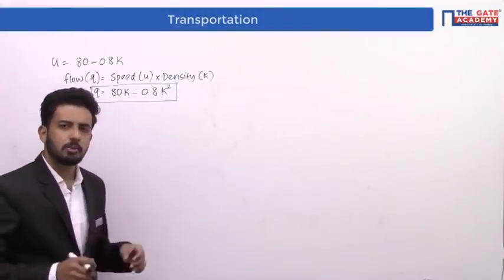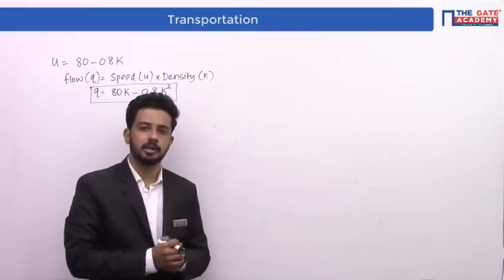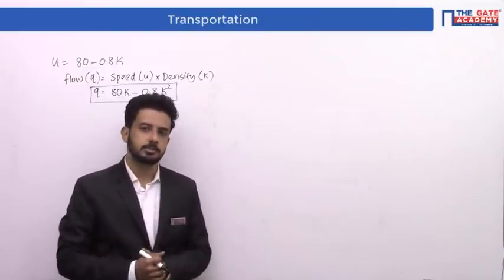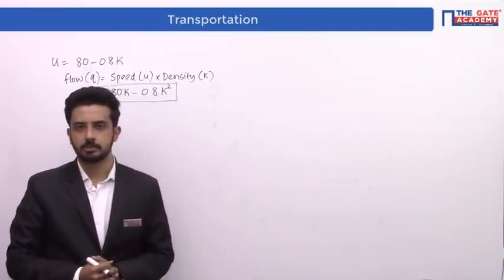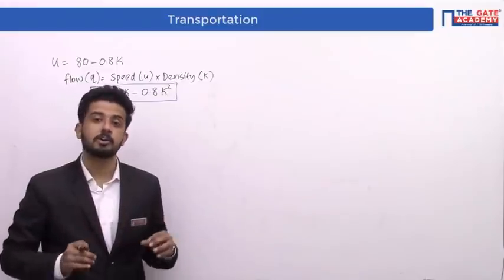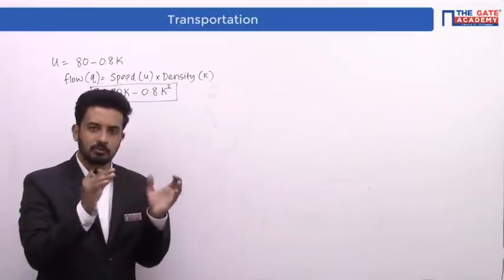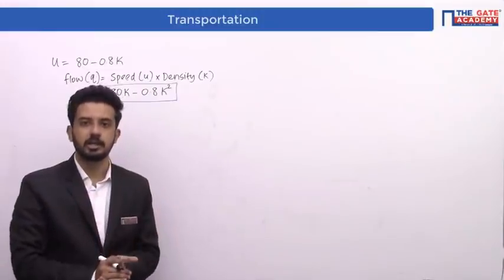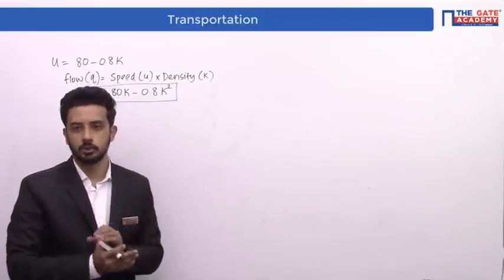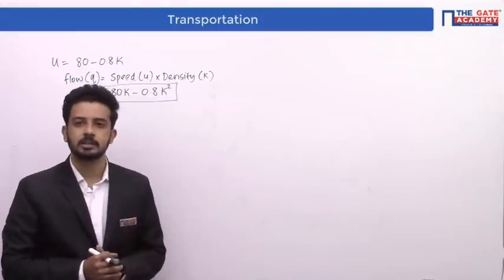See, whenever we want to maximize a quantity, whatever be the subject, whatever be the concept, what we have to do? We will differentiate that quantity and equate it to 0.